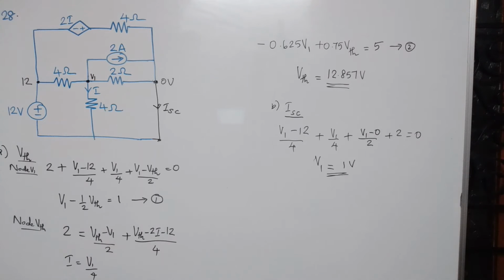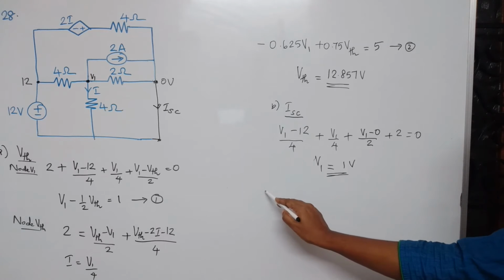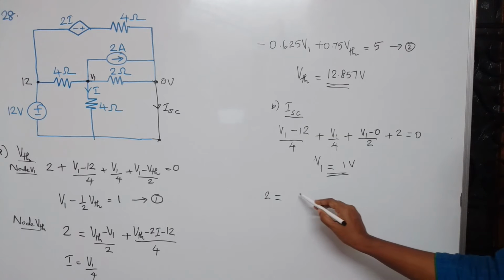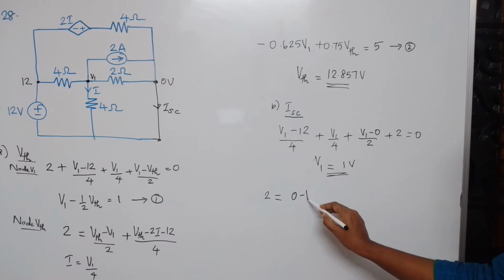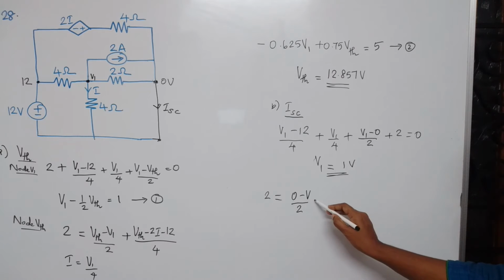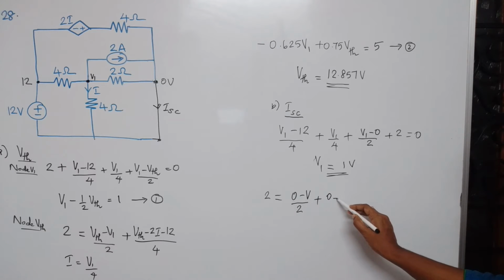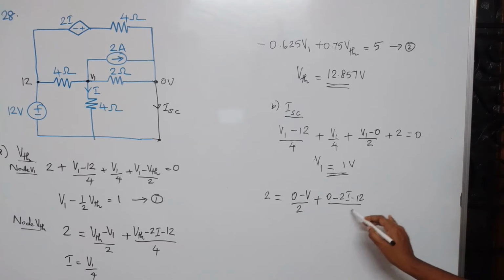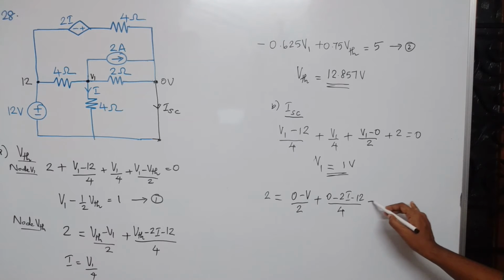Okay. Now we will write the equation with respect to that 0 volt. 2 ampere is entering, so 2 is equal to 0 minus V by 2 plus 0 minus 2I minus 12 by 4 plus ISC.